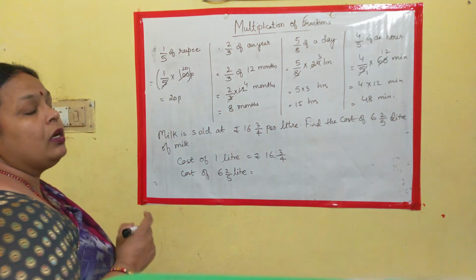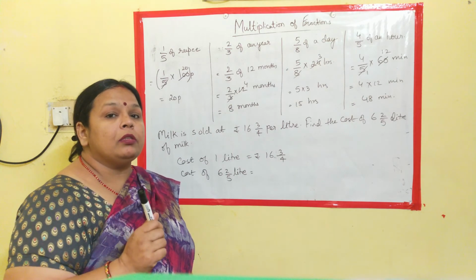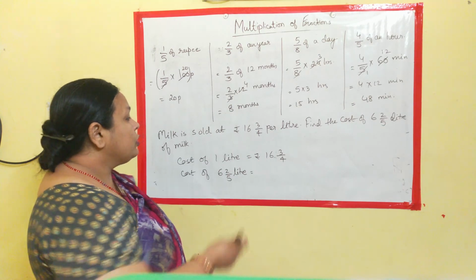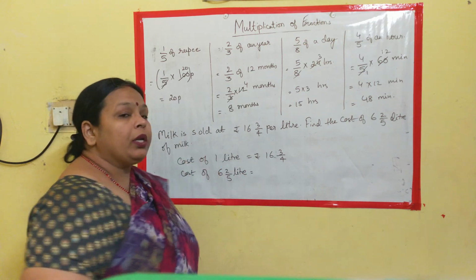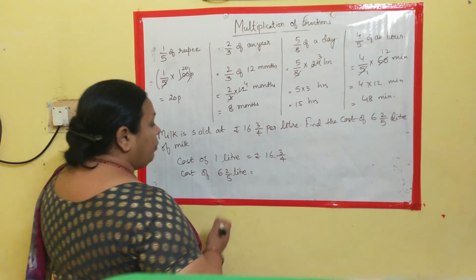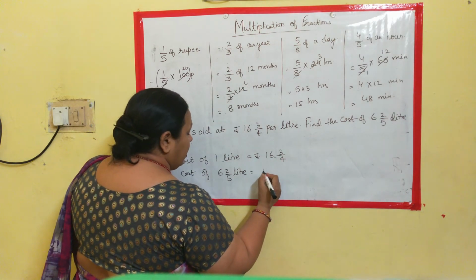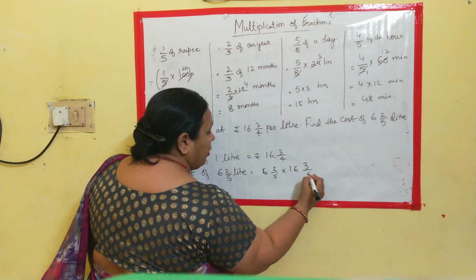See, if we take an example generally, cost of 1 pen is 2 rupees, cost of 10 pens is 10 into 2. So similarly, cost of 1 liter is rupees 16 3 by 4. What is the cost of 6 2 by 5 liters of milk? So we will be multiplying this, that is 6 2 by 5 into 16 3 by 4.